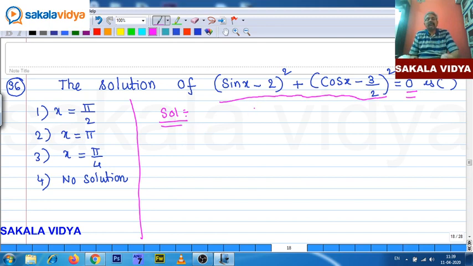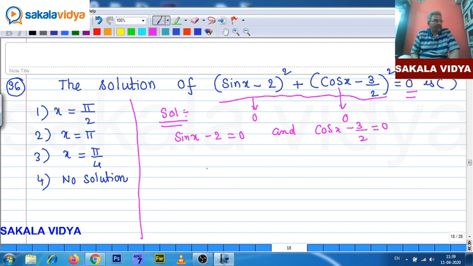The sum of two perfect squares is equal to 0 means each square must be 0. So that means we will get simultaneous equations. Sin x minus 2 is equal to 0 and cos x minus 3 by 2 must be 0. Then only we get the 0.